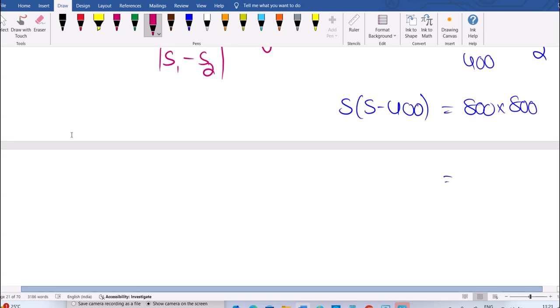Two numbers' product should be equal to 64,000, but the difference should be a 400 gap. No, sir, I know the quadratic equation: minus b plus or minus root b square minus 4ac divided by 2a. It's your wish, but I want the S value. Whatever you calculate, I want the S value from this.